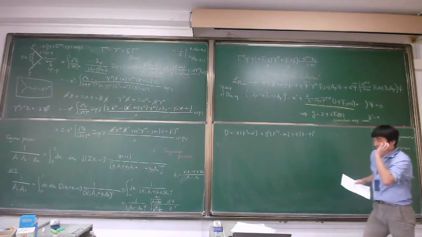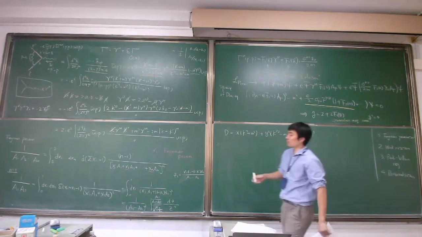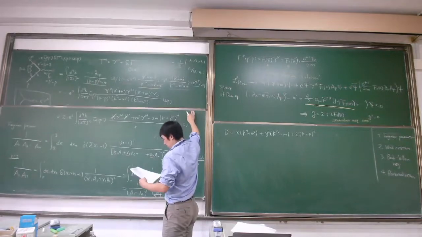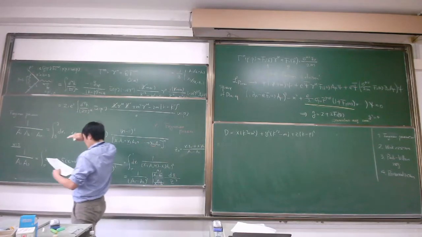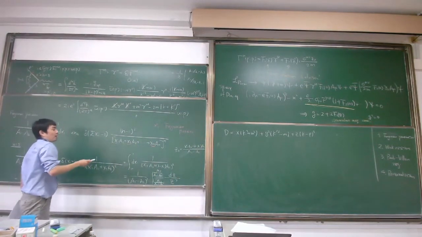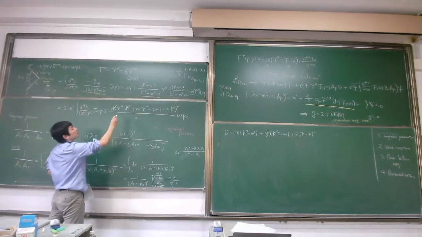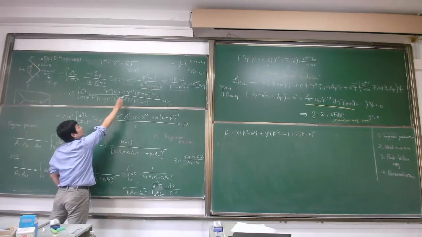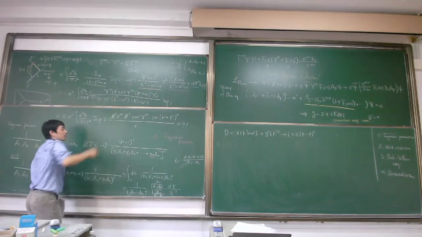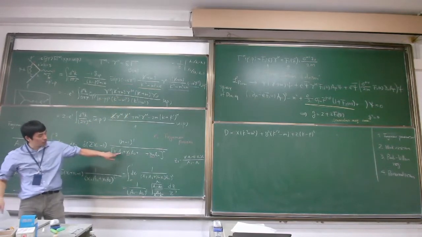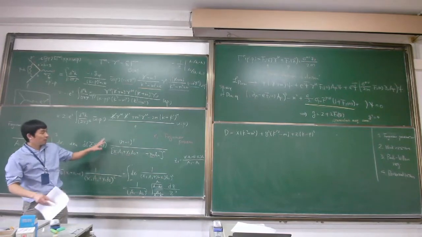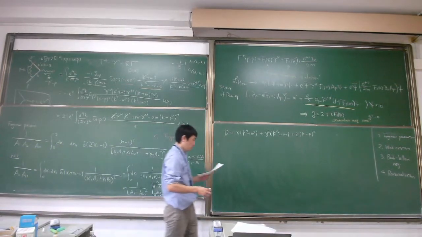Like this way, the denominator becomes like this, as you can easily see from here. So now n equals 3. So you have these three denominators. I call them a1, a2, a3, and then the parameters x, y, and z, and then to the cube.